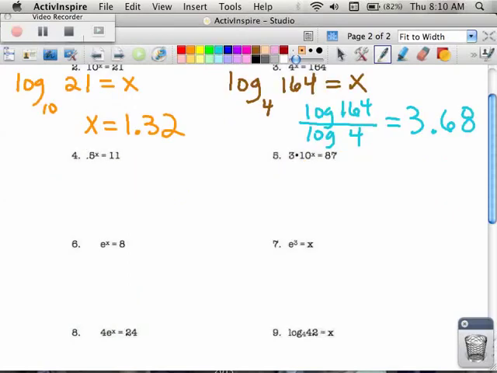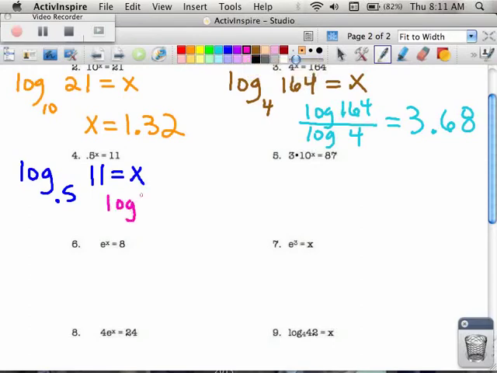Number 4. Oh no, a decimal. Log base 0.5. We don't really care if it's a decimal, no big deal. Of the number 11 equals my exponent of x. Darn it, the base is not 10 or e. So I go and change it.